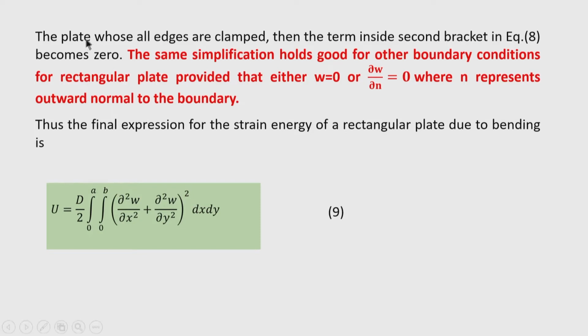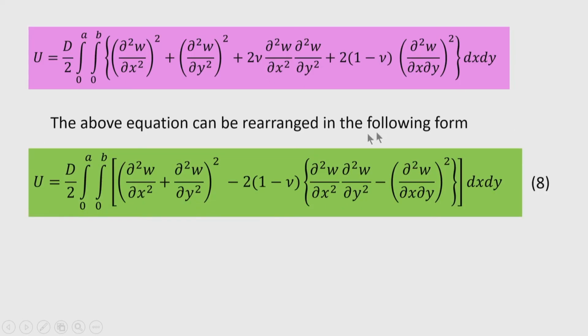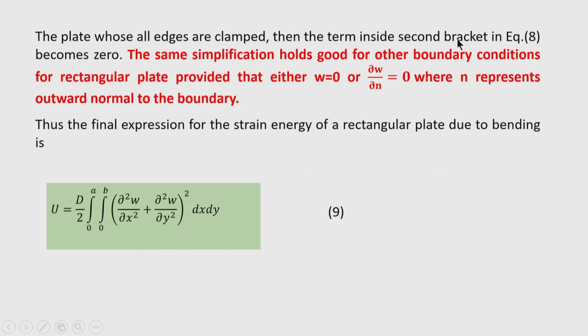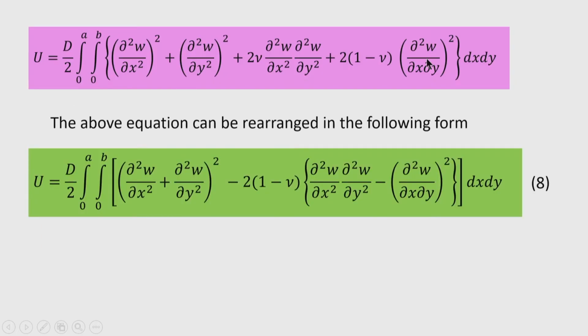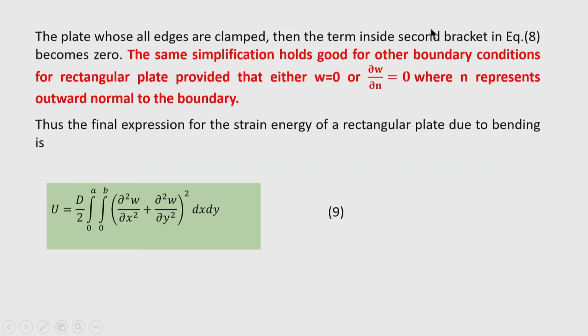It is argued like that the plate whose all edges are clamped, then the term inside the second bracket in equation 8, the second term, the term inside the second bracket, can be ignored or it vanishes.